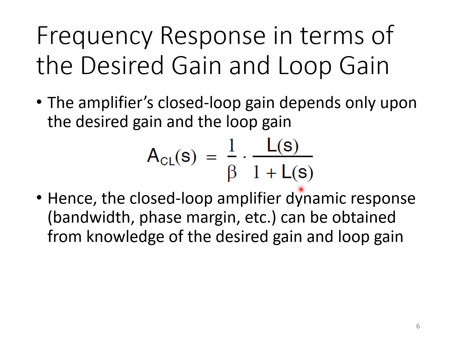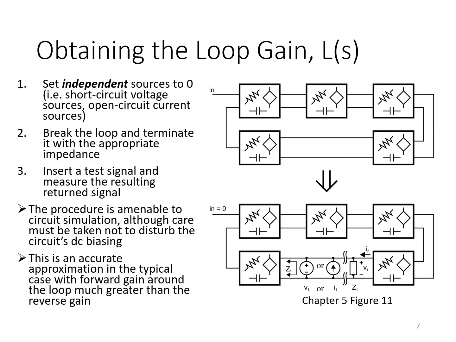And all of the frequency dependence is captured by the second term here, where we see only the loop gain L. So the closed loop amplifier's dynamic response, everything about its dynamic response, its bandwidth, its step response, its phase margin, etc., can be obtained from knowledge of the loop gain, an analysis of the loop gain L, which is relatively easy to find, both in simulation and through hand analysis.